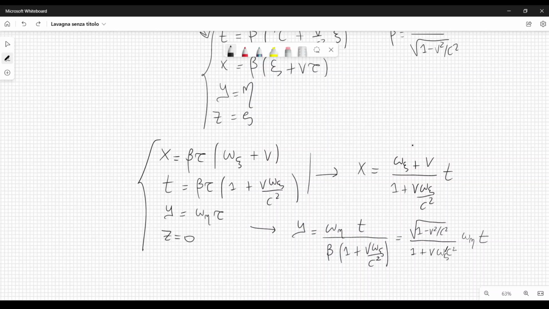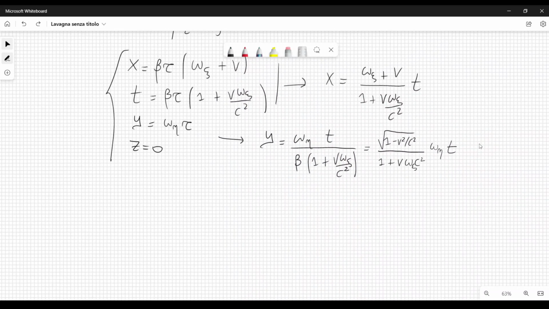And in that case, that is exactly the law of the parallelogram, where the velocities can be simply compounded together by summing.